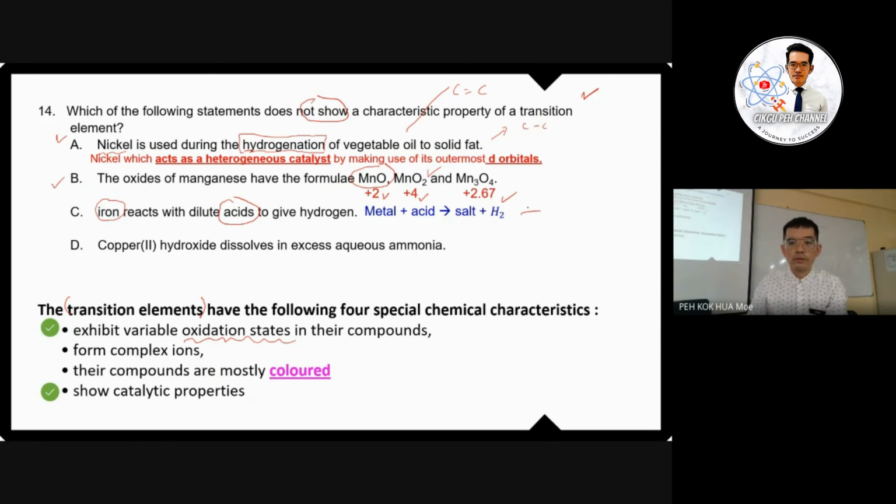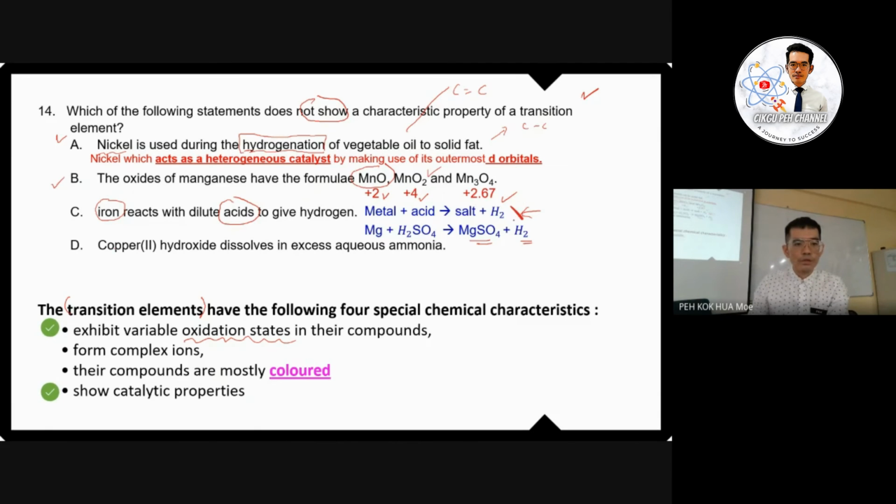For this reaction, not only transition elements show the same reaction, but also other metals such as metals from group 2. Here I gave the example of magnesium, which reacts with acid to form the salt and hydrogen. So this reaction does not belong only to transition elements, but also to other metals. So this is not the answer.